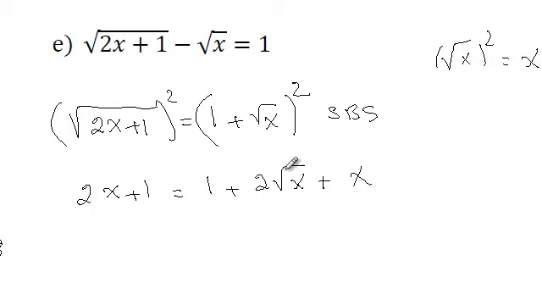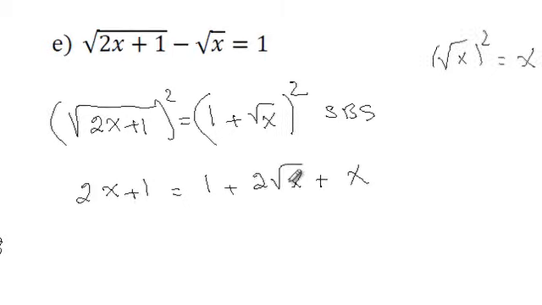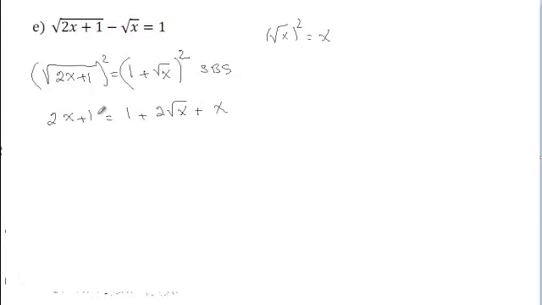Oh, so here √x appears again. So we have to do another step, squaring both sides again, to cancel the √x. But in this case, to cancel the √x, we should keep √x on one side alone and move everything to the other side. So as we said, we have 2x + 1 = 1 + 2√x + x.